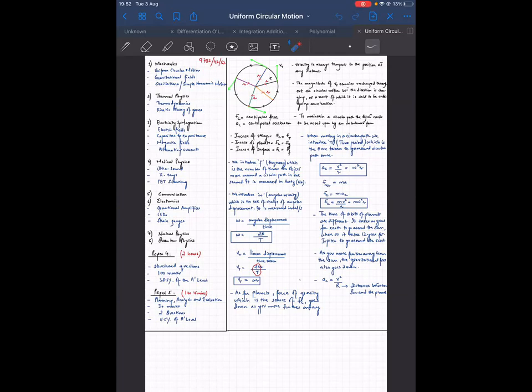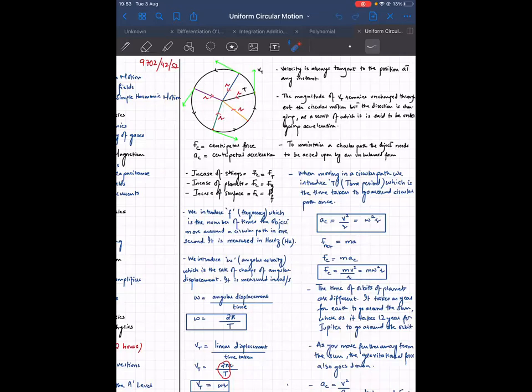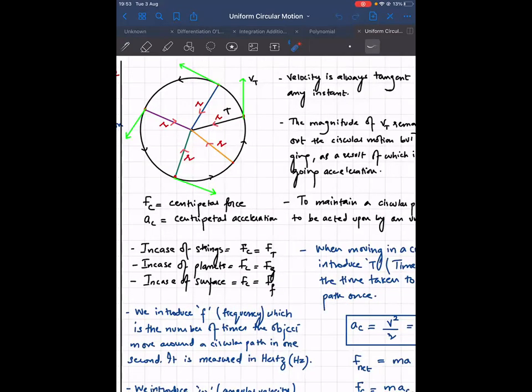Anyways, let's come to the first topic, and that is uniform circular motion. Acha, Ariba, let's suppose I have an object, and I'm just making it move in a circular motion.